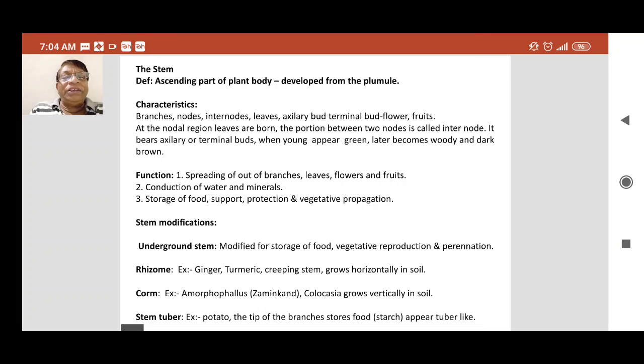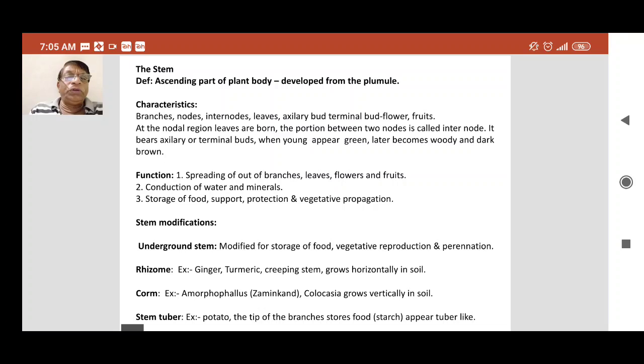In the axilla of a leaf, we find axillary buds. The axillary buds later on develop into branch or branches, you can say.